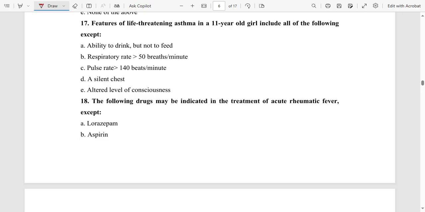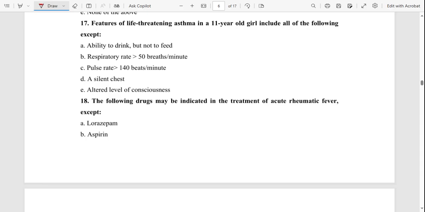When you look at what we have here, an ability to drink but not feed, respiratory rate greater than 50, and altered mental status.